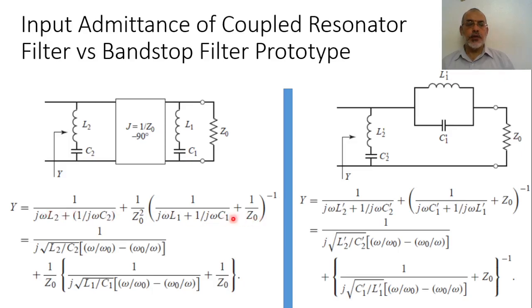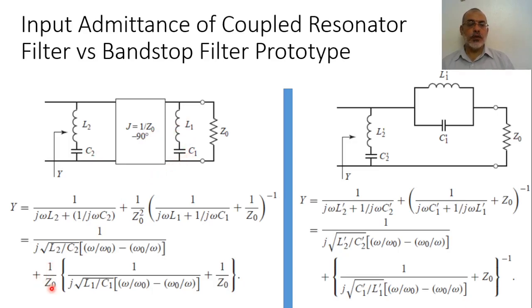By arranging this equation, we can obtain the total input admittance, which is given by 1 over j square root of L2 over C2 multiplied by omega over omega naught minus omega naught over omega. It should be kept in mind that omega naught equals 1 over square root L2 C2 and also equals 1 over square root L1 C1.